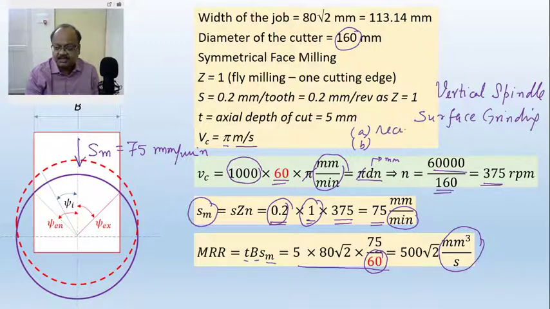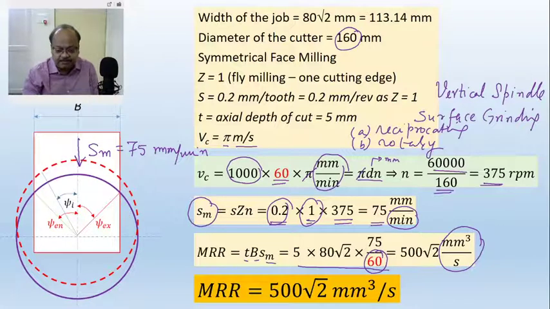One is a reciprocating table, another one is a rotary table. In both of them, they can be used with slight modifications. So this is the first approach, projected area into feed rate, and by that approach we get a value of 500 into √2 millimeter cube per second.